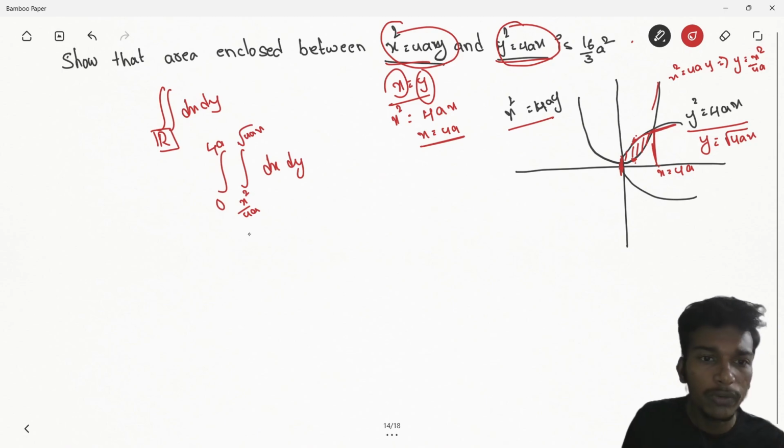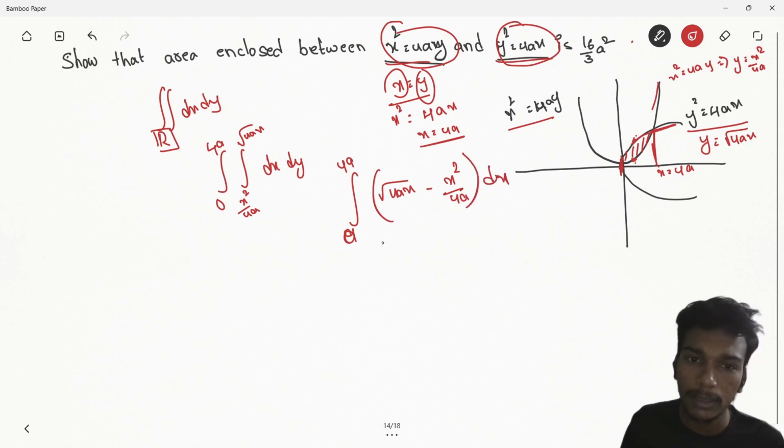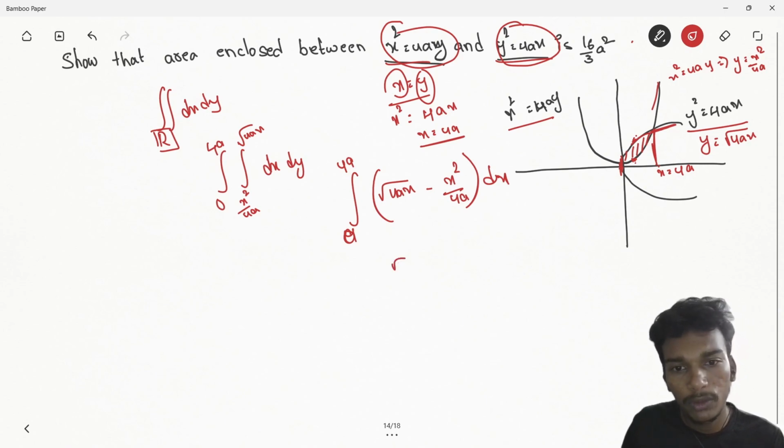These are the limits of y. Now I'm going to integrate with respect to dy first, with x from 0 to 4a. As there is no function of y, I'm going to get y, and I'm directly substituting the limits: under root of 4ax minus x square by 4a, into dx. Now I'm going to integrate this value, taking under root of 4a common.